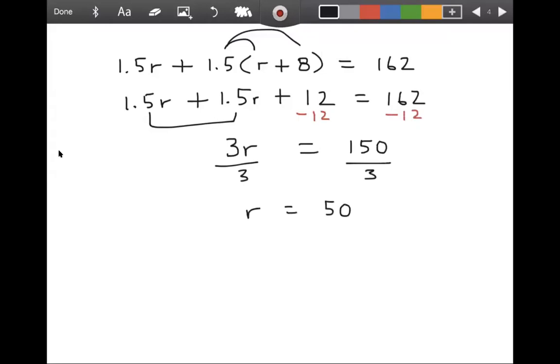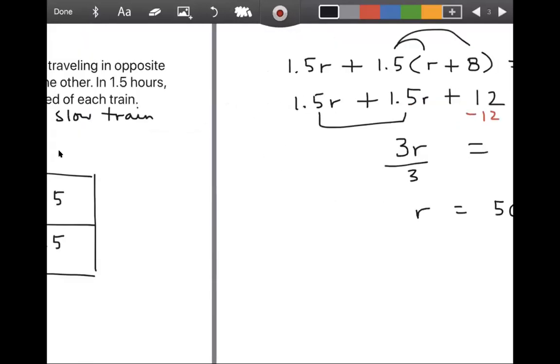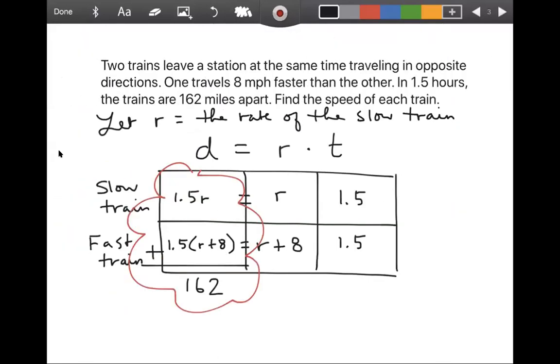All right, so now let's just make sure we answer their question. The question was find the speed of each train. So we know that one of them is 50. That's the slow train, which means the speed of the fast train is 58, right?